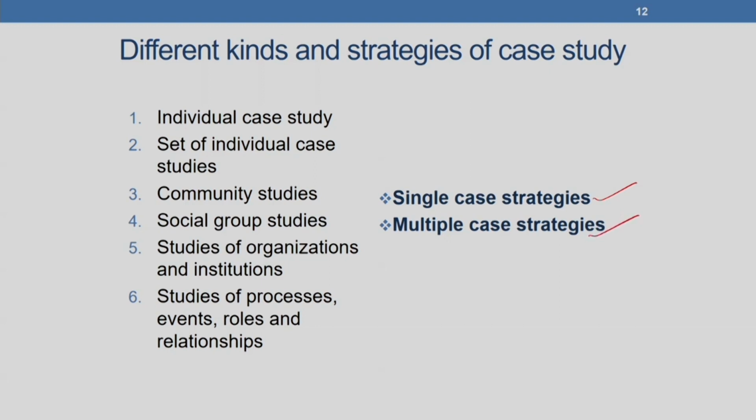We can follow individual case studies, we can have a set of individual case studies, community studies, social group studies, studies of organizations and institutions, studies of processes, events, roles and relationships. And depending upon the kind of study that we are trying to investigate or employ our research tools and techniques for, the research questions will also keep on changing.